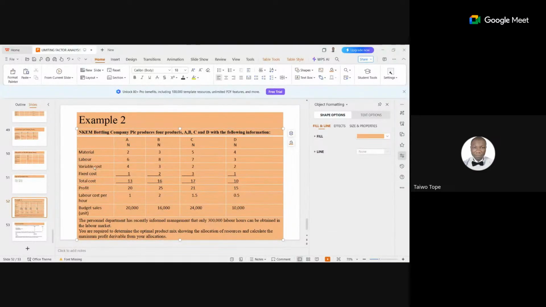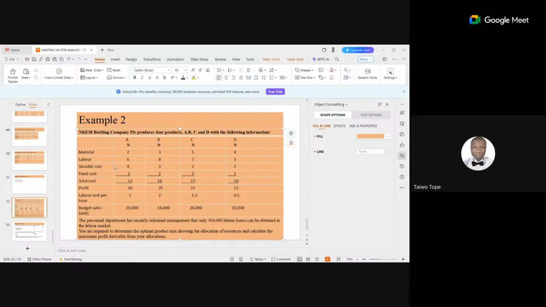You incur 6 naira overall. Now, how much are you paying in terms of labor per hour? It is 1. So how many hours will you use to produce 1 unit of product A? 6 hours. Fine, 6 hours. 6 divided by 1, 6.